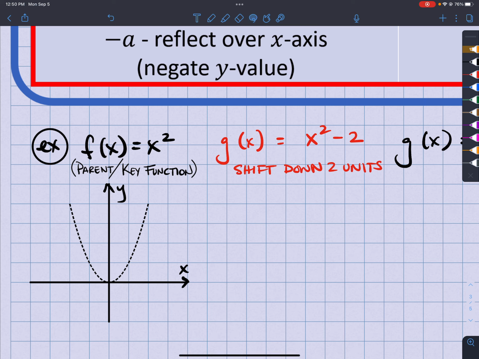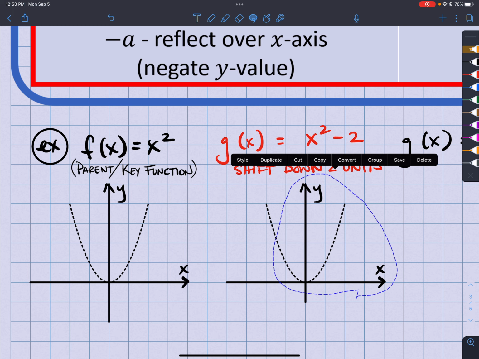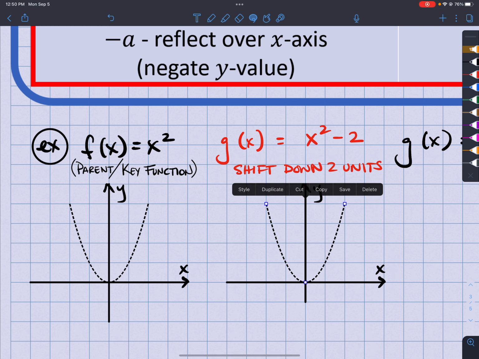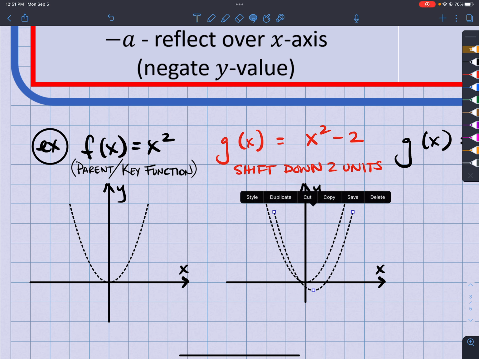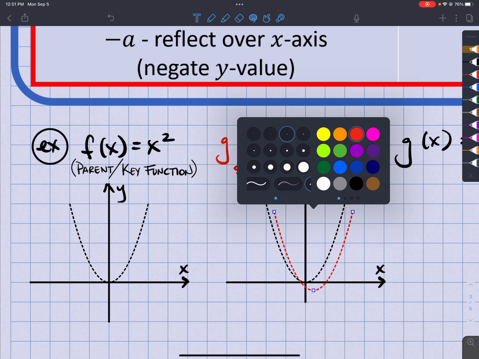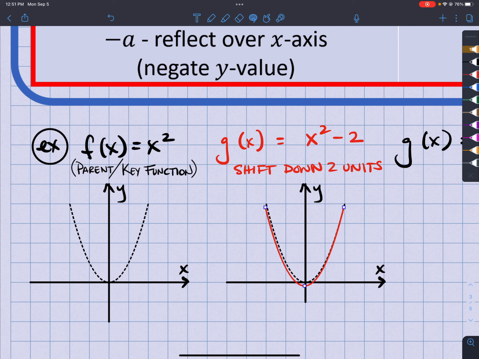All right, so if I was to take this, I'll change it to red and solid. It's going to take this and shift it down 2 units. And that's what it would do.